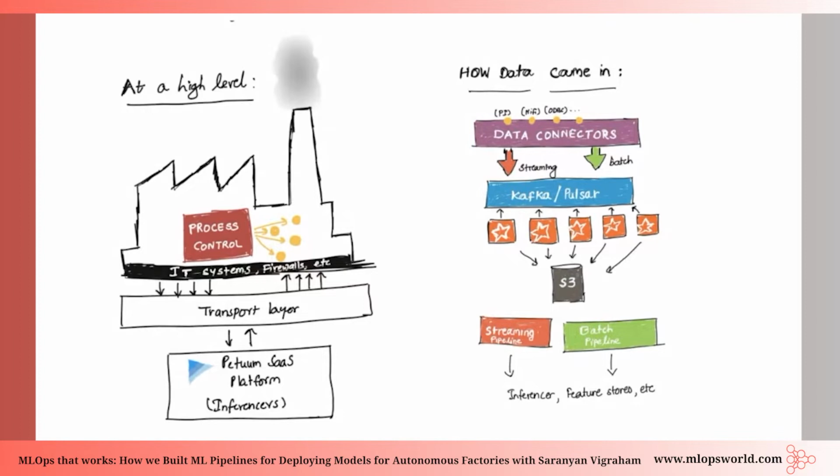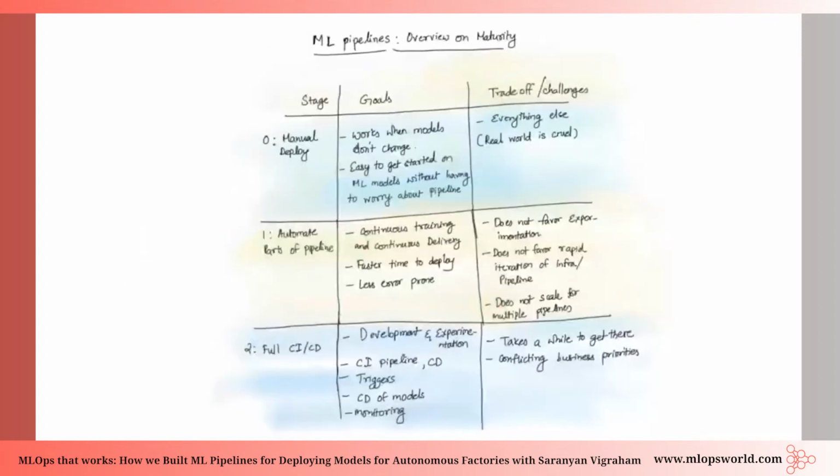Before we dig deeper, this is a standard thing the industry talks about around ML pipelines and how mature they are. The initial stage is obviously a manual deploy, where everything becomes manual. You're heavily relying on scripts and specific kinds of orchestration.